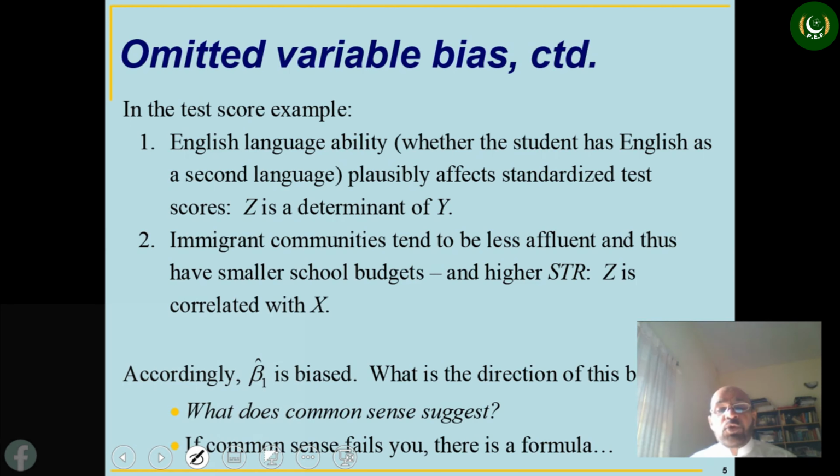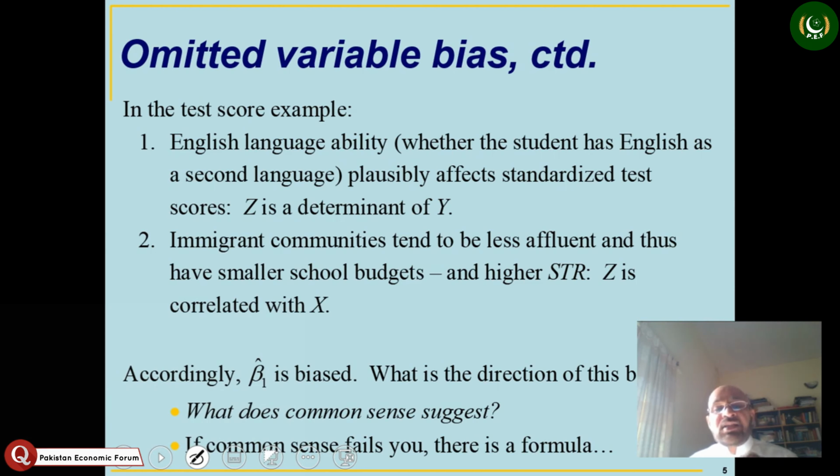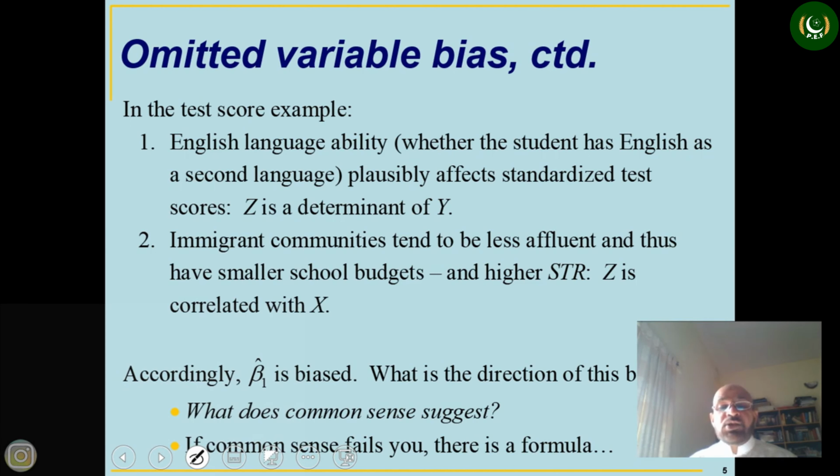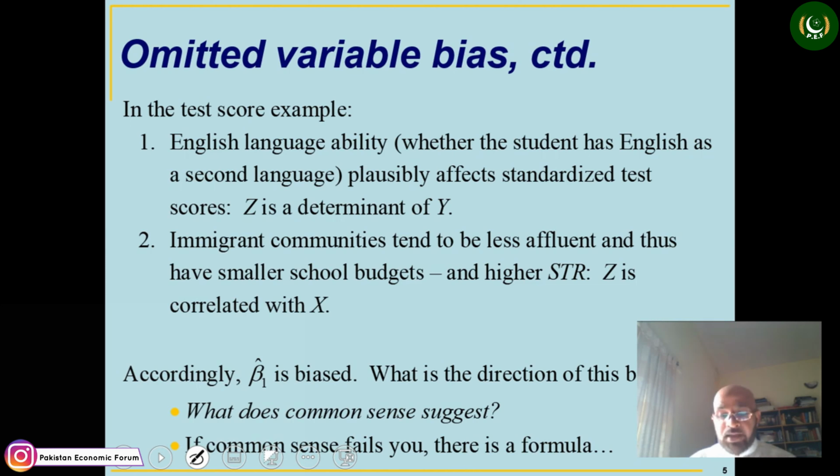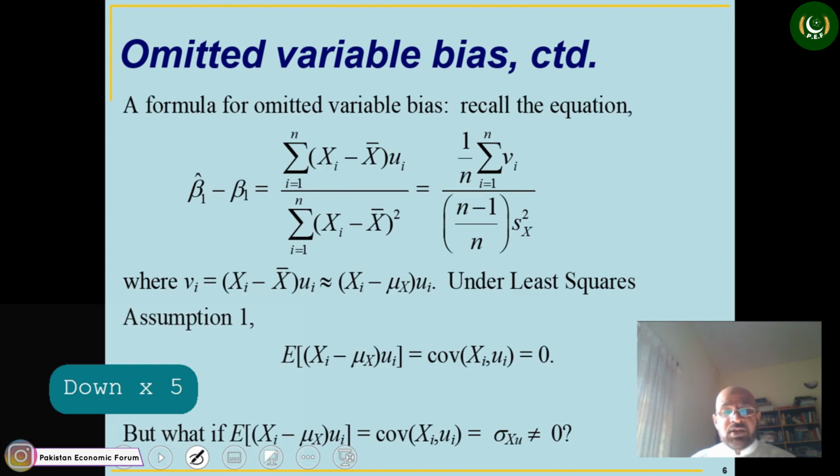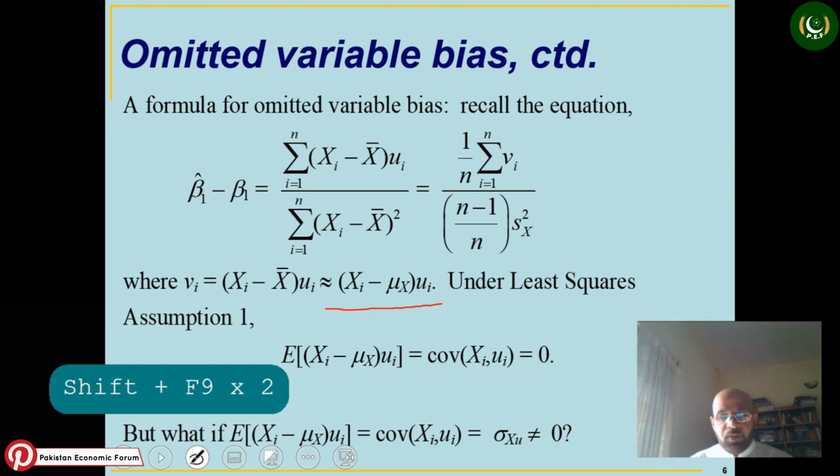Since it will be in u, x and z are correlated, but z is not included, z is in u, so x and u will be correlated, which means OLS will become biased. That's what we discussed in Chapter 4, the term xi minus mu x.